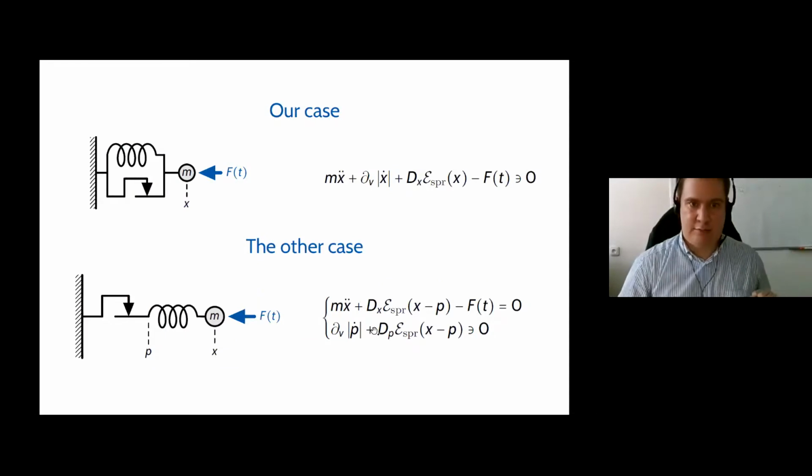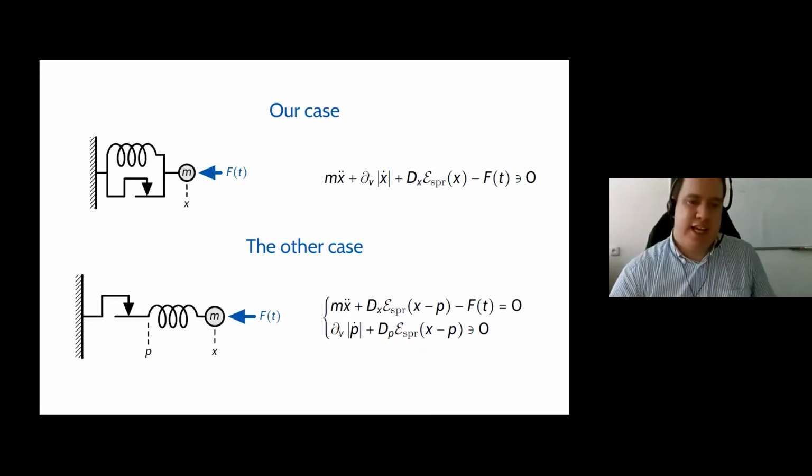And you can see the comparison in a very simple example. So our system, this is the 1D, one mass version of the rheological model I showed you before. You have in the dynamic problem the inertia, the dissipation, and the elasticity, and in this case, the elastic force all apply to the same variable.